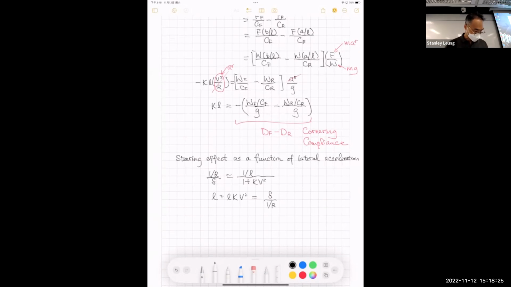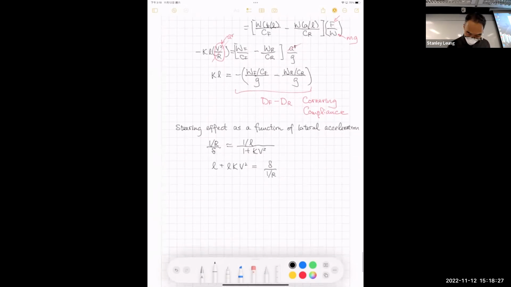Just rearrange the term. So now you know from this LK equals to del over V square over R minus L over V square. So this is equal to this.